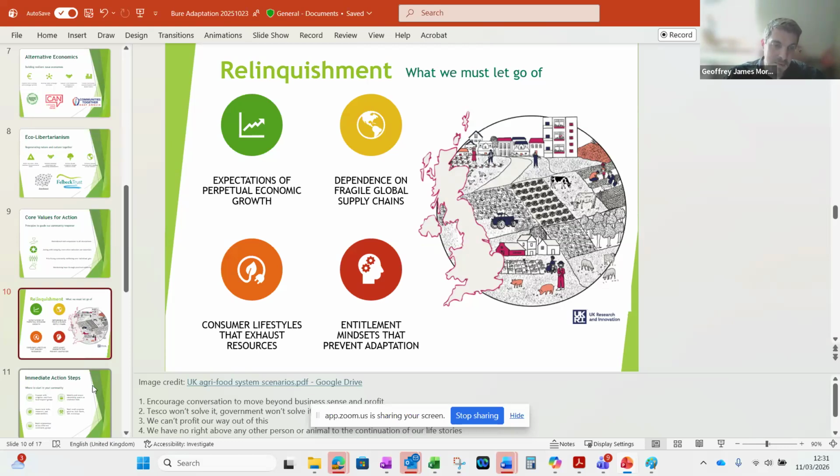So one of the things there is we have no right above any other person or animal to a continuation of our life stories, and that is a harsh but real fact that what is happening to our planet is a physical, complex, dynamic problem that is in no way invested in what we are interested in life, and what we find valuable, and it will continue to do what it needs to do with the energy that we've put into that system, and we have to adapt to it.